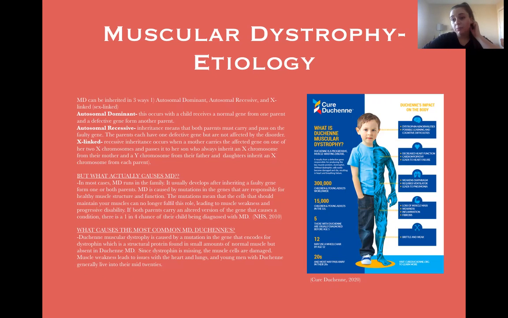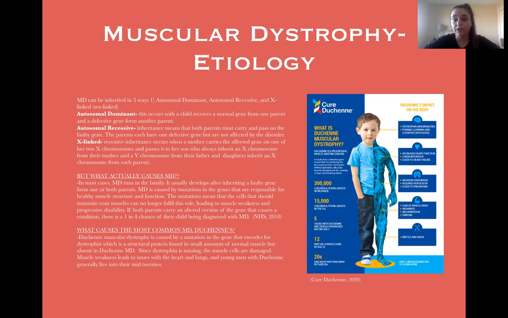Now we're going to go a little bit deeper. The most common is Duchenne's. This is the research that I found on Duchenne's. Every other muscular dystrophy is formed very much the same way, with the lack of dystrophin. It's caused by a mutation in the gene that encodes for dystrophin, a structural protein found in small amounts in normal muscle, but in Duchenne, it's absent.